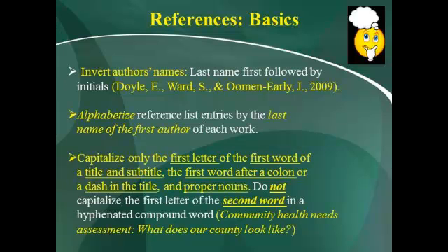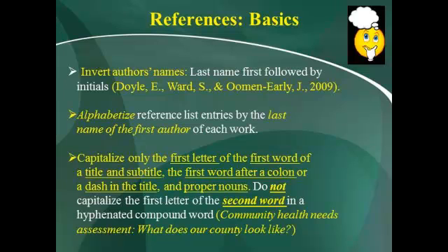And the reason is because we don't do it by first names. Okay, we do it by last names. Doyle, then just the first letter of the first name, and then if they have a second initial, use that as well. Period, comma, the next person, period, comma, and the last person. Okay?